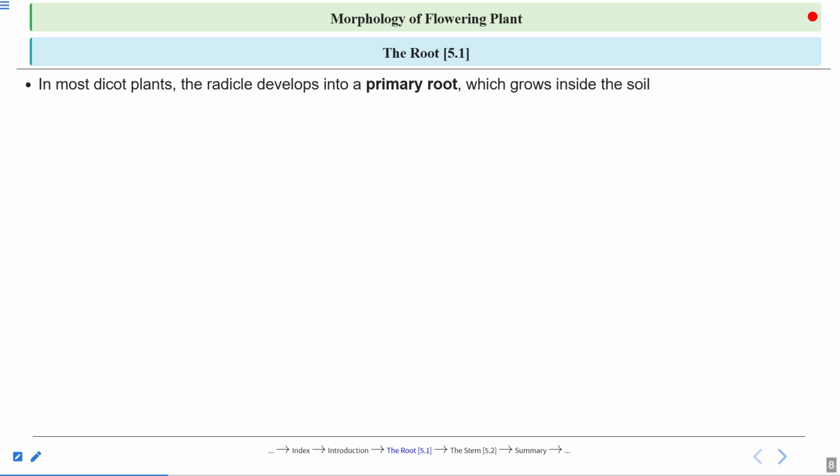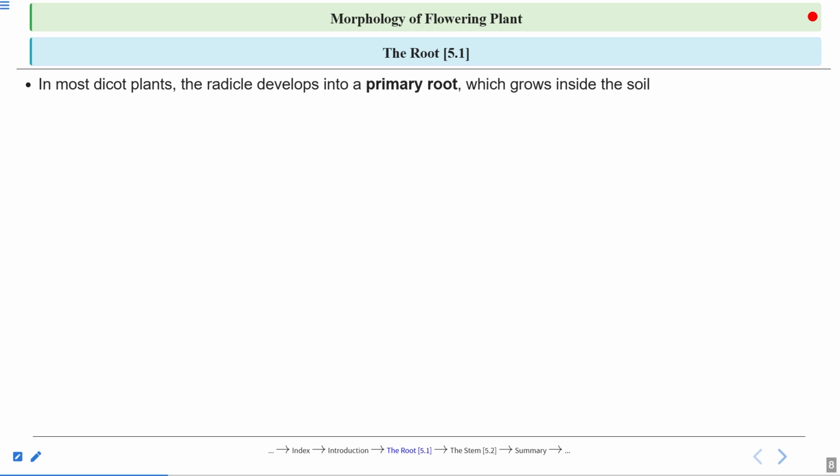But this tap root, after the plant gets established, degenerates, and from the base of the plant many roots emerge at the same level. That root is called fibrous root. Can you think about why they have the fibrous root? Why is this monocot not having the tap root system?